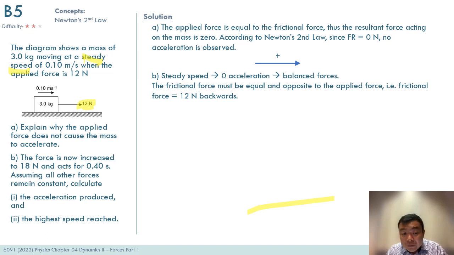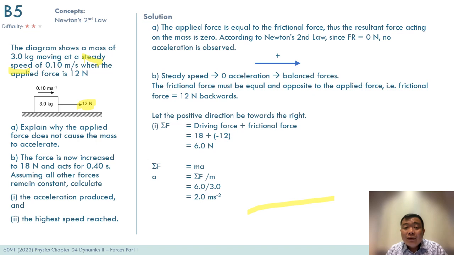Then I'll go on to the new scenario in part B to figure out what is my resultant force over here. And I do this by literally summing up all the forces acting on this block, all the horizontal forces, which involves the driving force and the frictional force. I'll plug in the value, so the driving force now becomes 18 Newton, positive because it's acting forward, and I add it to a negative frictional force.